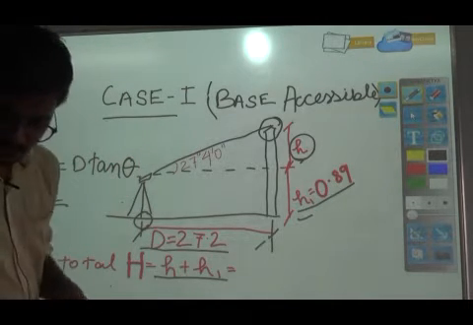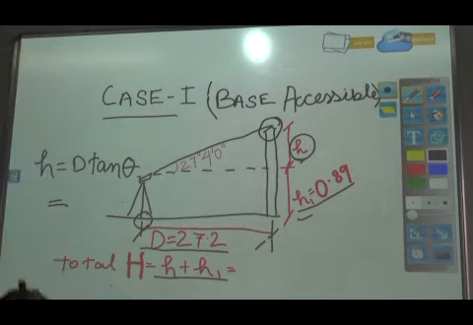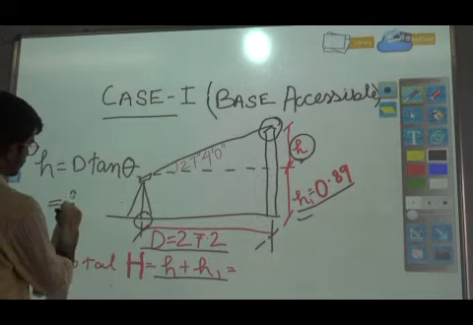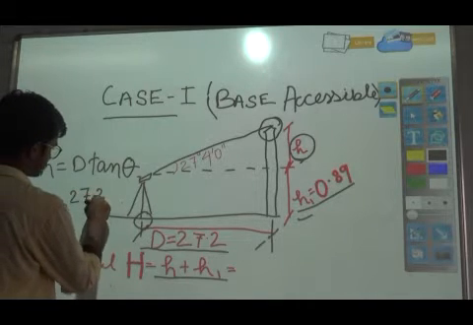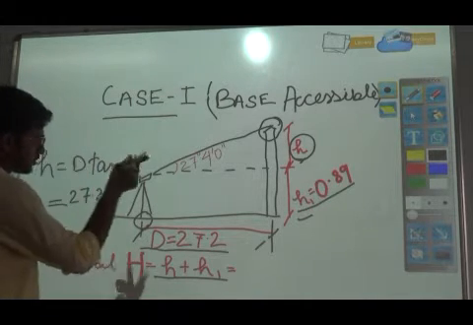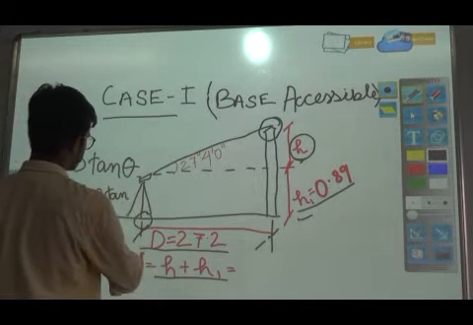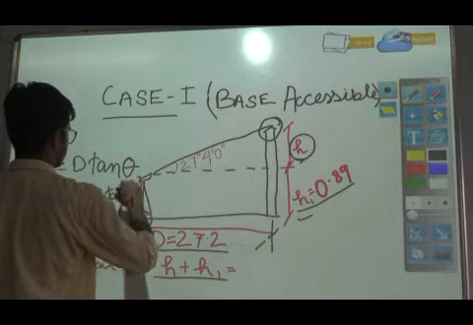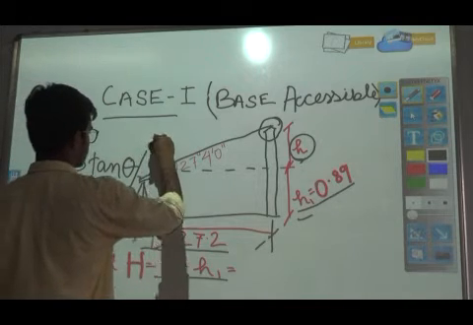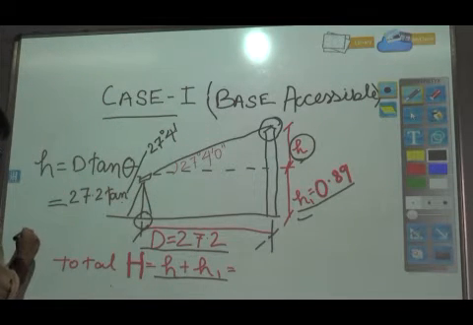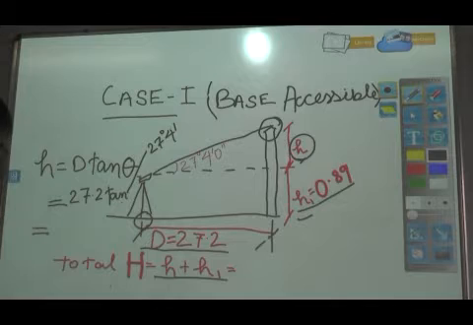That is equal to d, 27.2, and tan theta will be tan 27 degrees 4 minutes 00 seconds. After calculating this, we get the value of 13.89.